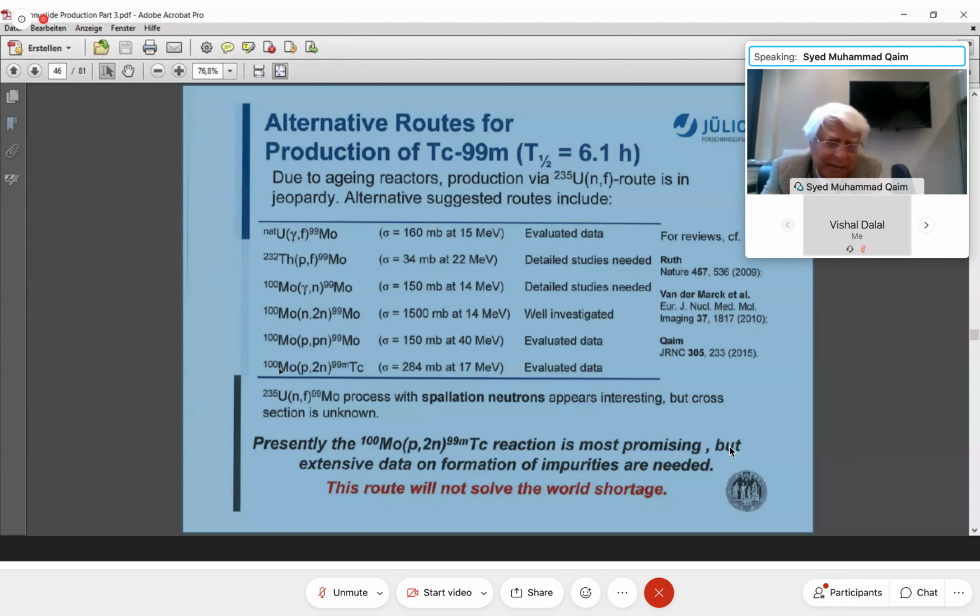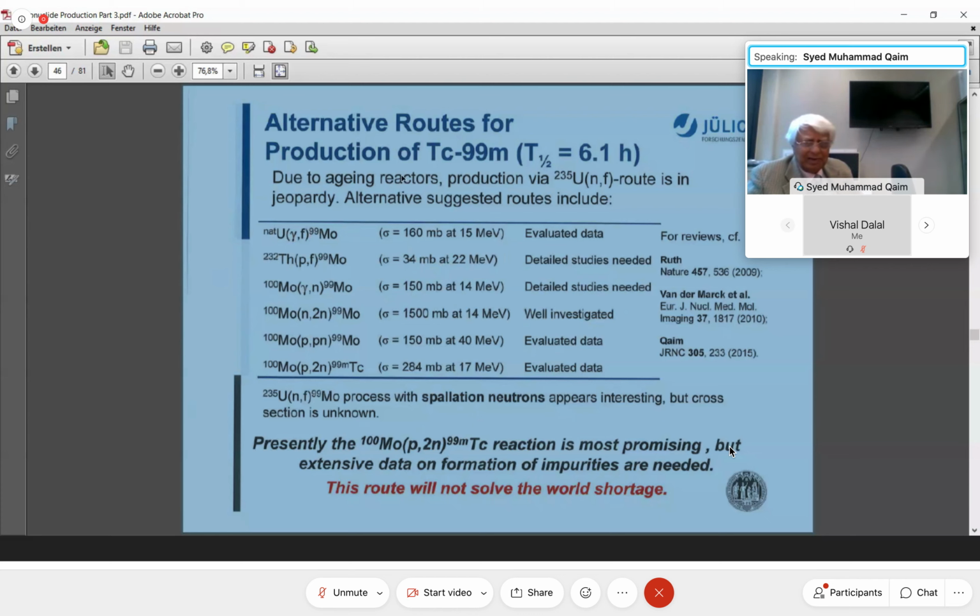The last reaction considered is molybdenum-100 P2N. Photons on molybdenum-100, the P2N reaction gives you technetium-99m. The cross section is high and the data are available. U-235 fission with spallation neutrons is also interesting, but cross sections are missing.